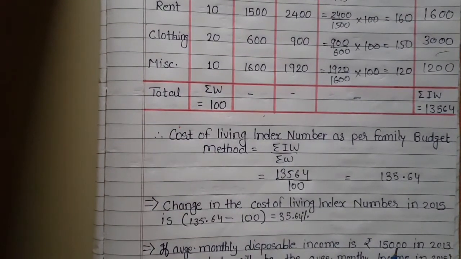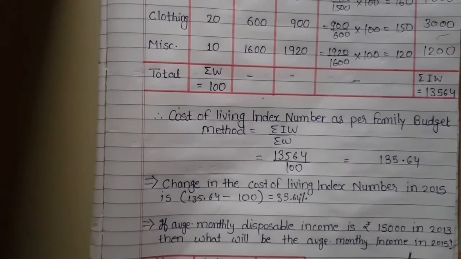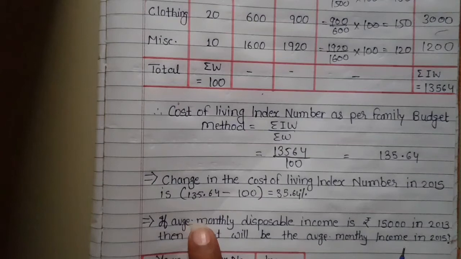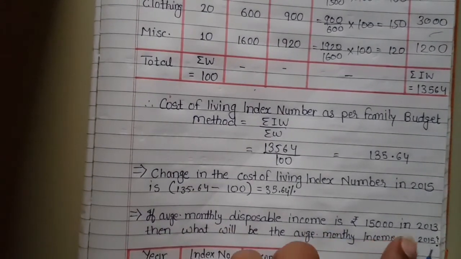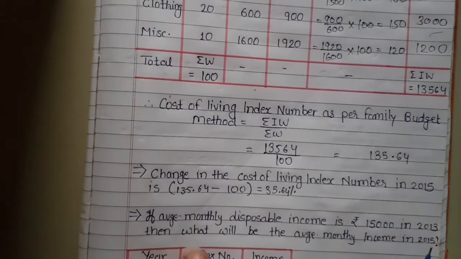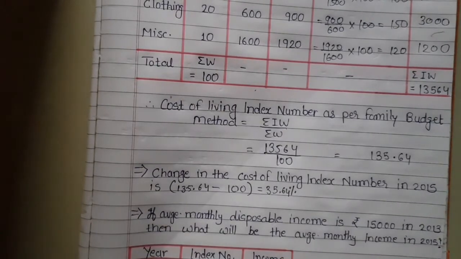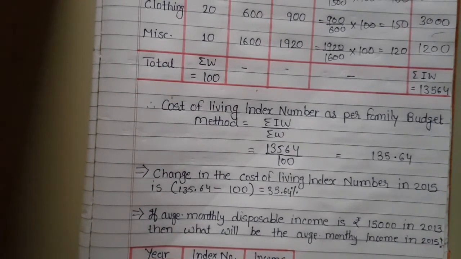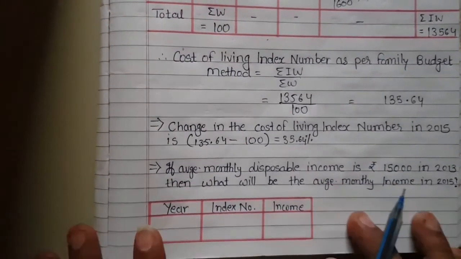And now the third and last question asked in the sum is, if the average monthly disposable income is rupees 15,000 in 2013, then what will be the average monthly income in 2015? So friends, to answer this kind of sums, one easy method I will teach you. For that you have to prepare this kind of table.